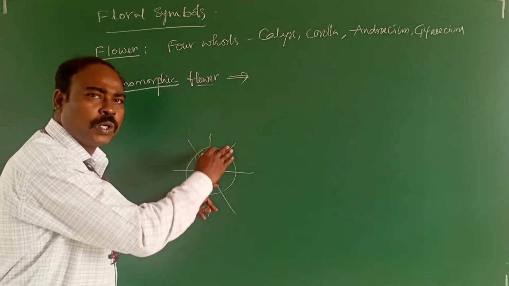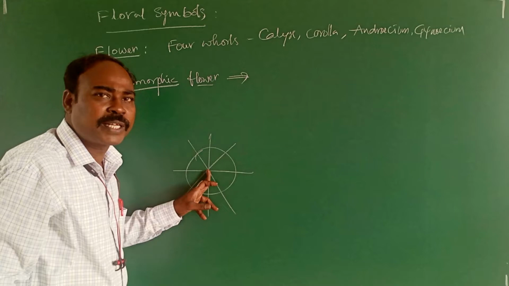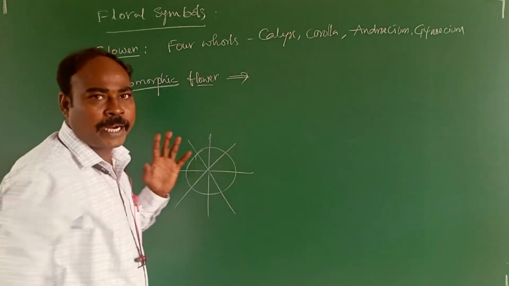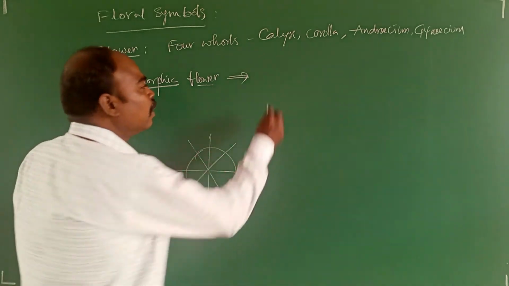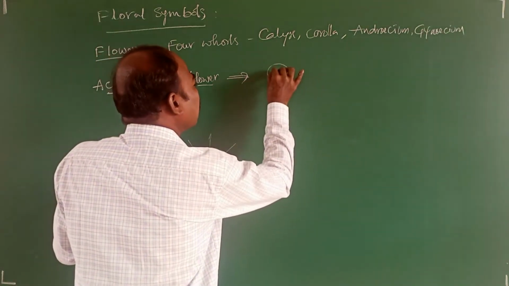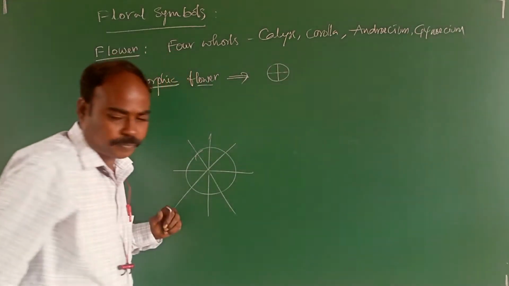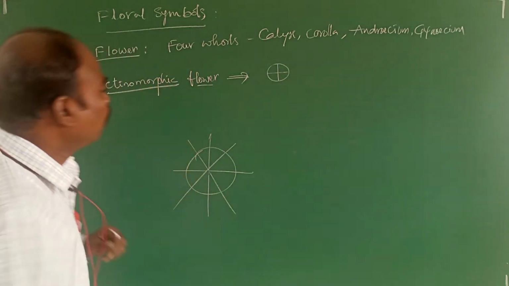If a flower gives two exact equal halves, then it is called what? Actinomorphic flower. To explain an actinomorphic flower as a symbol, we put a circle with a plus.